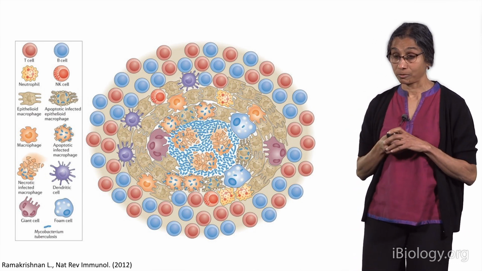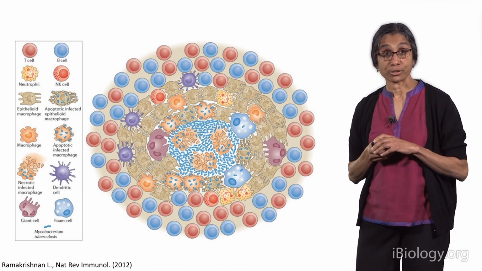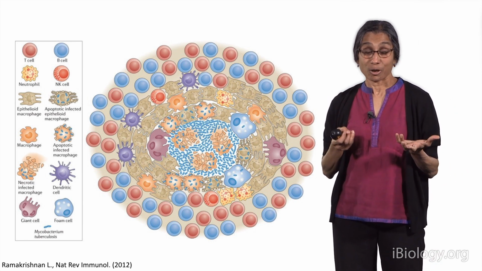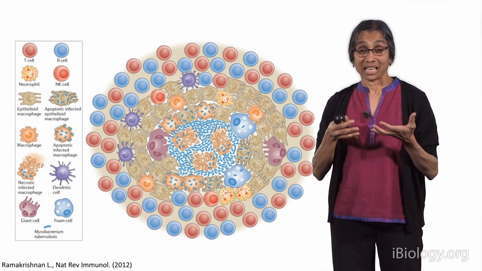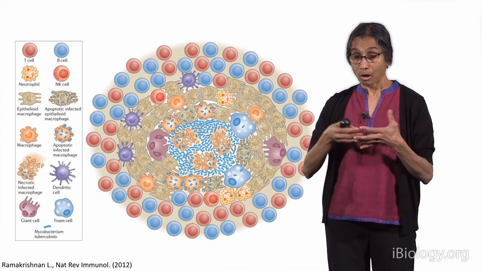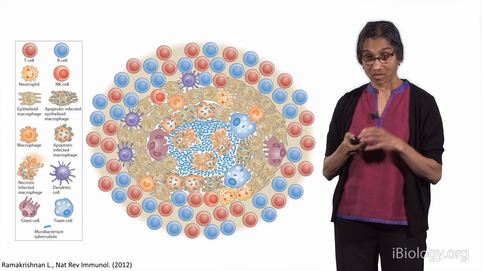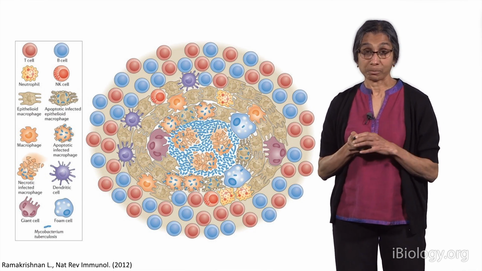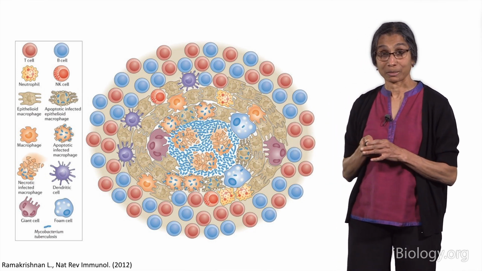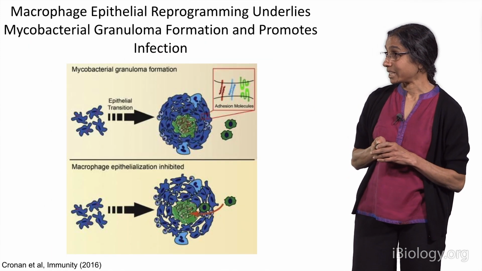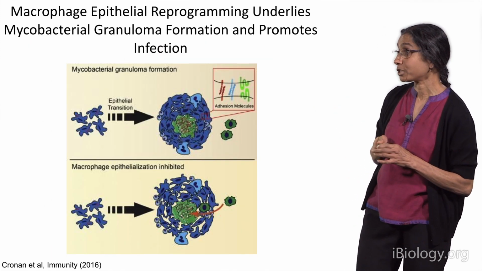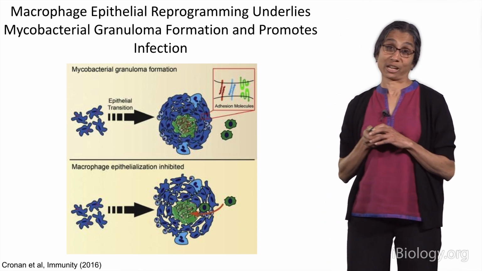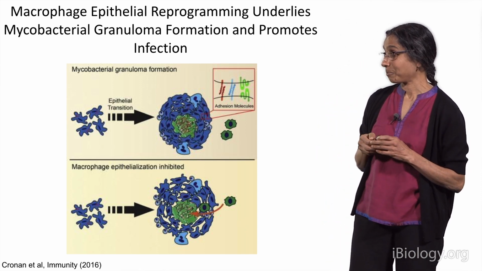That too has been known for 100 years or so, and that very reasonably was thought to be a host protective mechanism that would sort of wall off the bacteria and perhaps somehow help the host despite all these strategies of the bacterium. Well, very recently, work from David Tobin's lab, also done in the zebrafish, shows that this too turns out not to be the case.